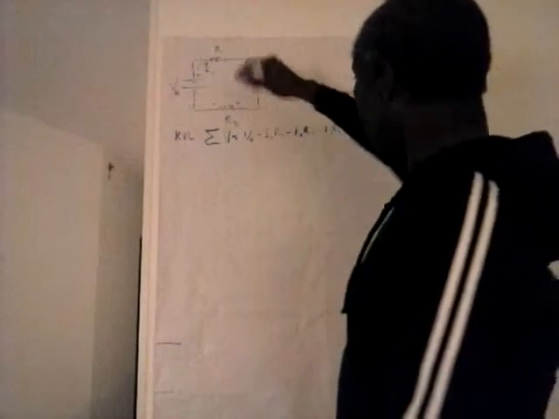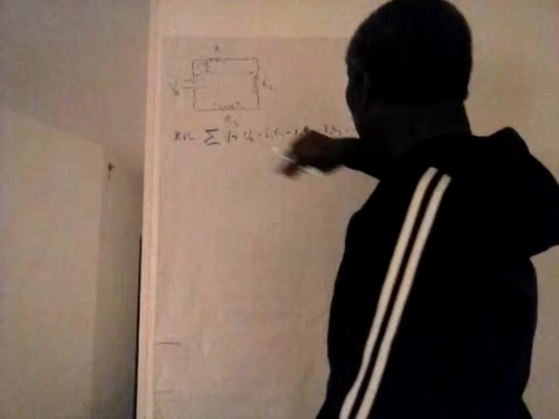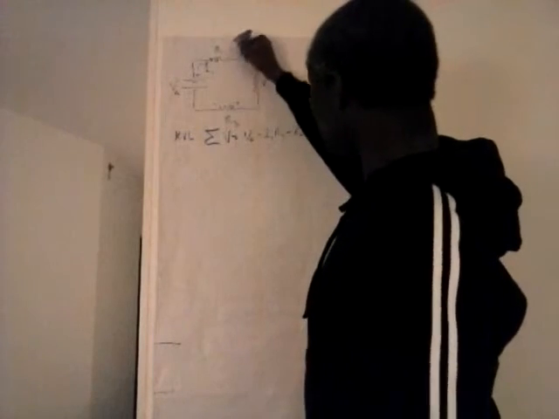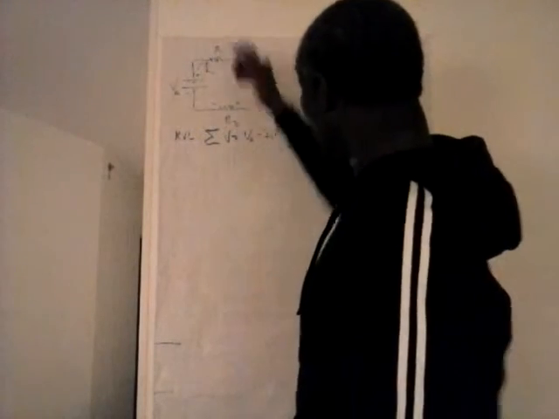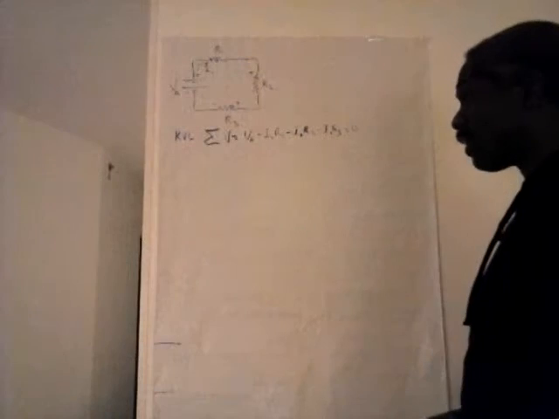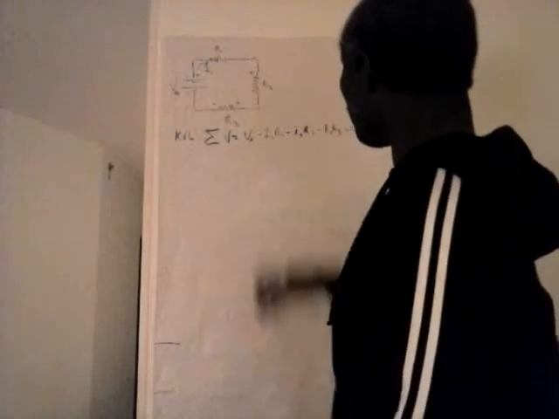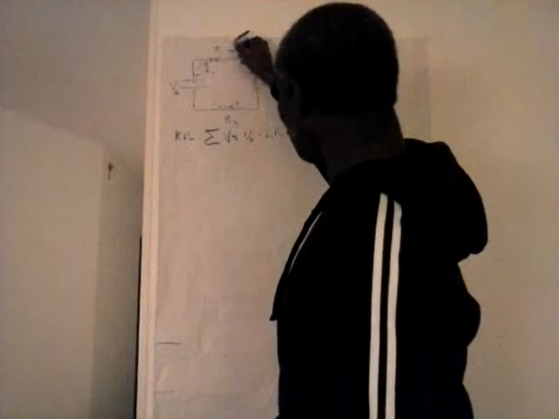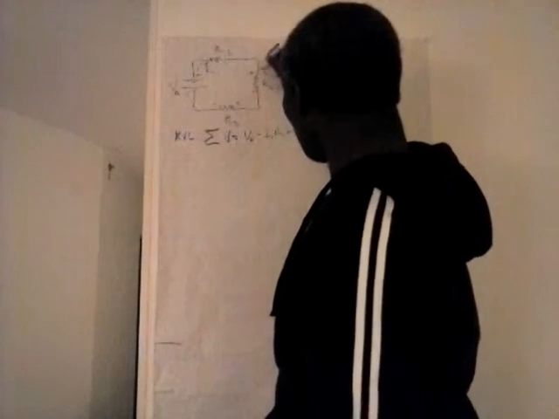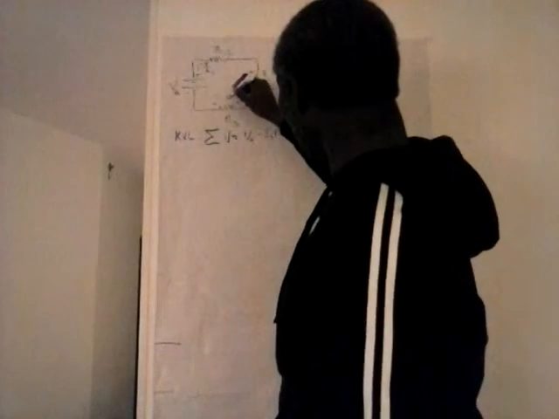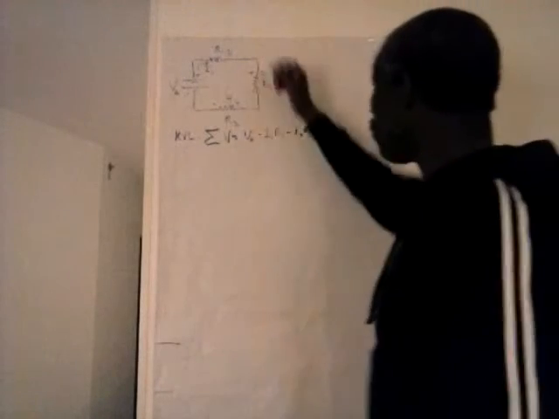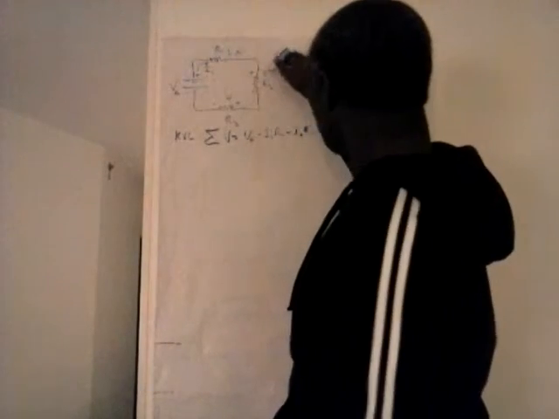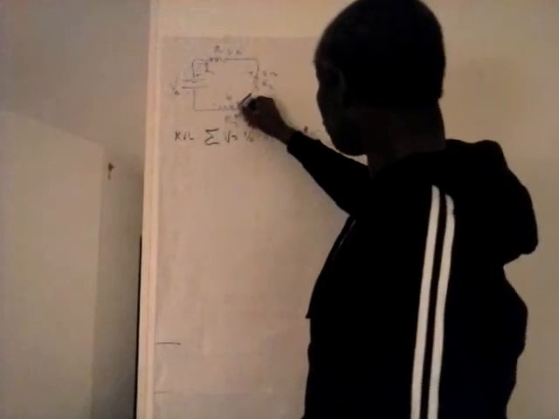So if we assign a number to these resistances, and resistance is by definition opposing the flow of the current, or resisting the flow of the current, suppose we randomly say 2, 3, and 4 for the resistances, in ohms.